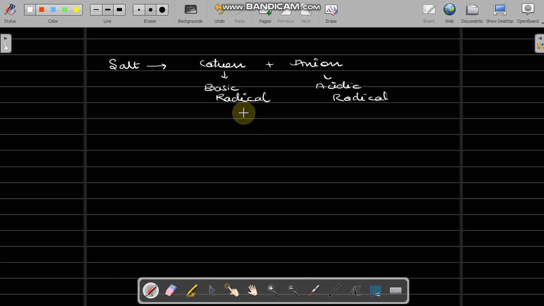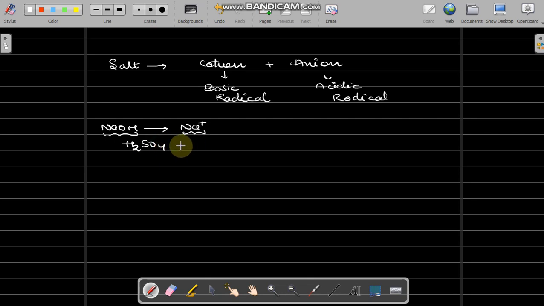Now from where do we get the acidic or basic radical? Say suppose we have NaOH. Whenever hydrolysis of a base takes place, in this case we obtain Na+. This sodium ion we have got from the hydrolysis of a base, therefore it is called a basic radical.